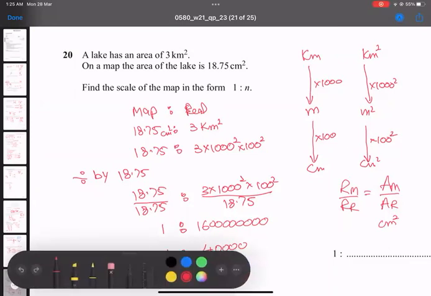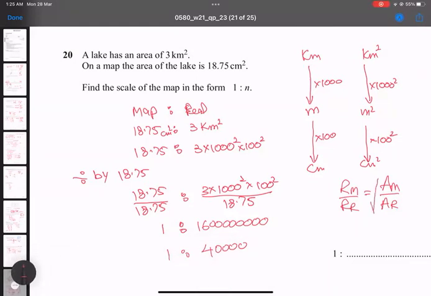Then what to do? We have only one technique: to make it balance, I will take the square root of the area, and then it will become equal. Look, centimeter and centimeter squared and root: root and square cancel out, and they will give you the answer. That is why I took the root of both sides, especially. So then I got the answer. I hope this point is very, very clear.